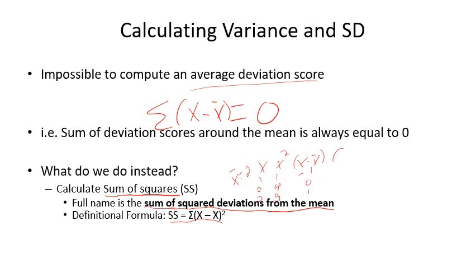Then you square them, so x minus the mean squared. Negative 1 squared is 1, then 0, then 1. You get this total of 2. So in this case, our sum of squares is equal to 2, because it is the sum of the squared deviations from the mean.